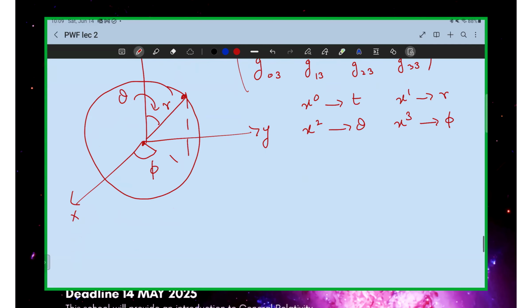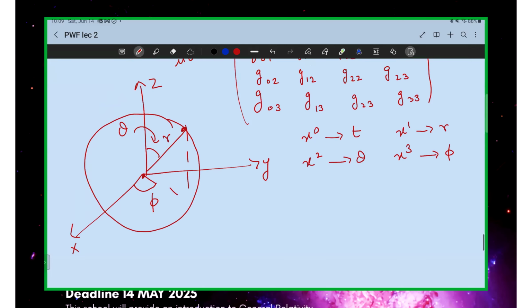what is the metric tensor in terms of spherical polar coordinates? Well, if you write down the metric tensor on this two-dimensional sphere, I'm pretty sure that you are already familiar with this, but it turns out to be this.